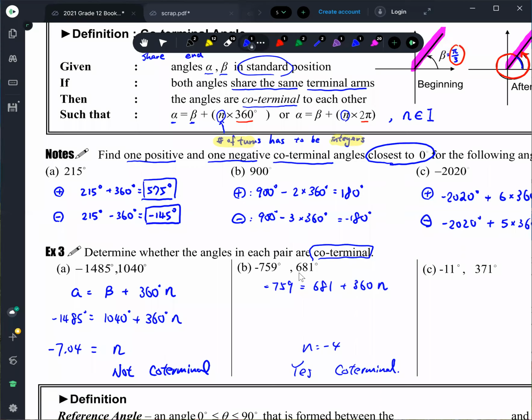So -4 just means that from 681 degrees, if you need to turn 4 turns in the negative direction, then you will end up at -759, okay? So exactly 4 times, then you will end up at the same place.